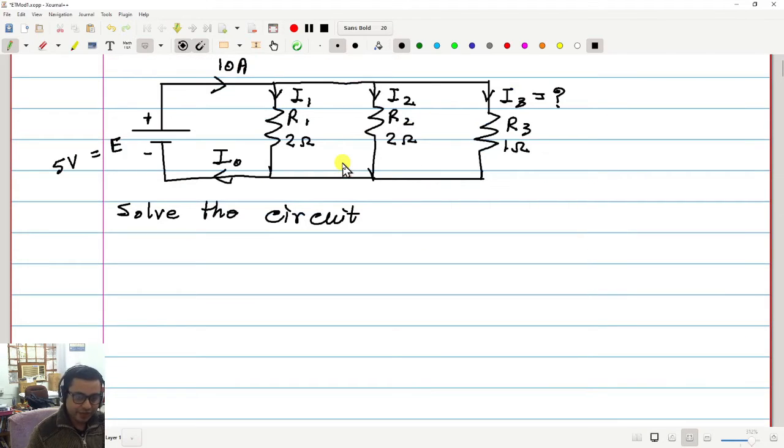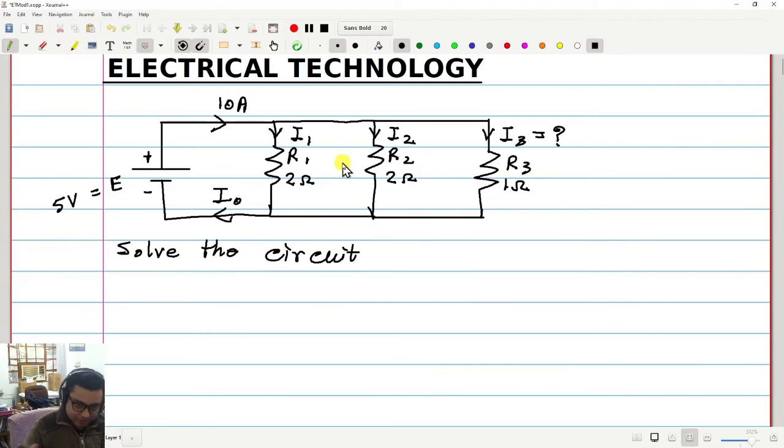So one possible way is like this. Say I assume the voltage from this point to this point is V. I don't know how much is V, and this is how I denote this voltage using the symbols.